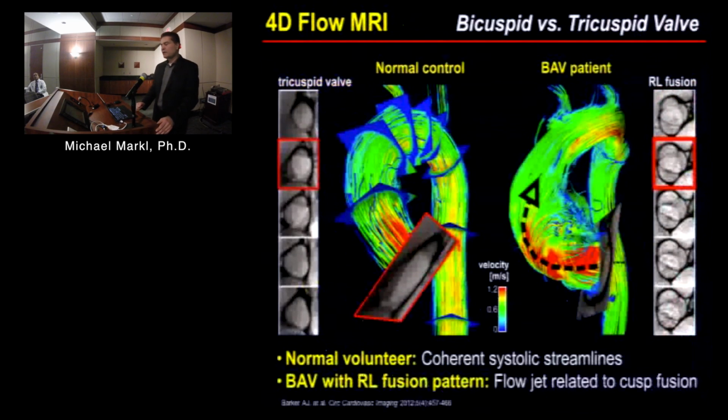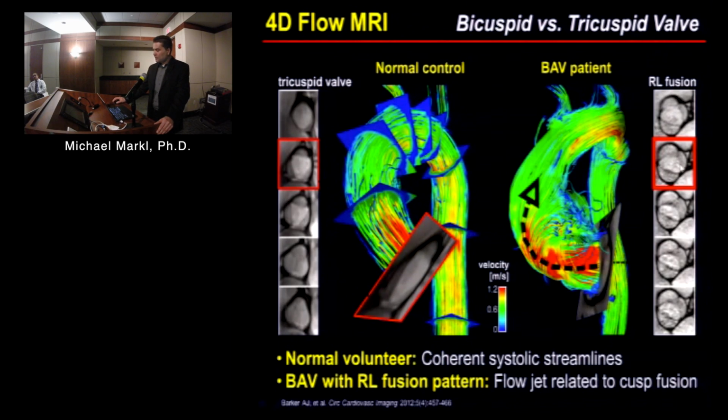When we started working on bicuspid aortic valve, this was one of the early patients we looked at. On the left side, you see a healthy control with a tricuspid aortic valve, with 3 leaflets fully opening. And on the right, you see a patient with a bicuspid aortic valve. You see the typical fish mouth opening of the bicuspid aortic valve.